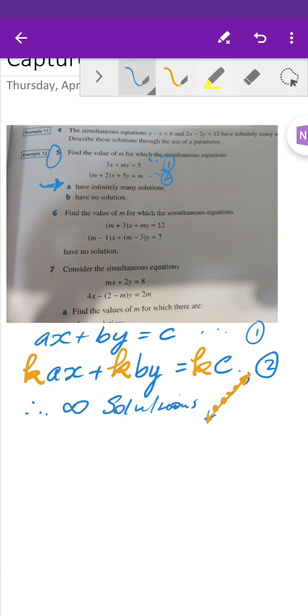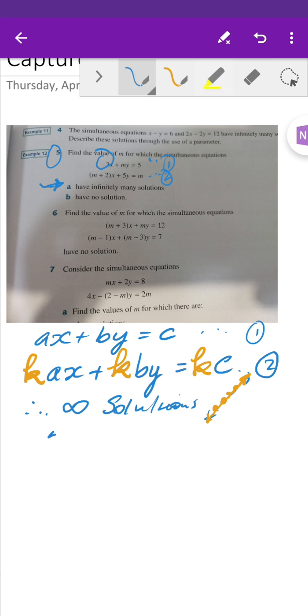So let's have a look. A is m plus 3, and that's going to equal some constant times, hang on, that's the wrong equation. I'll just delete that and go back to this equation.